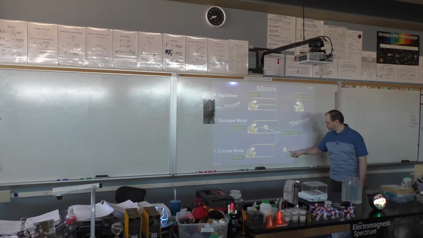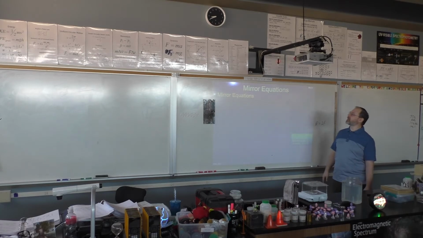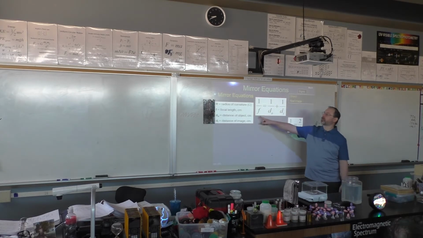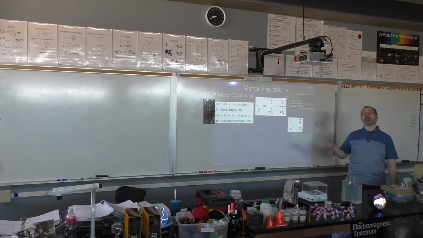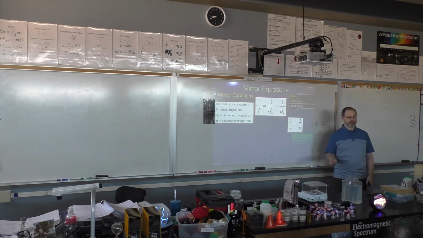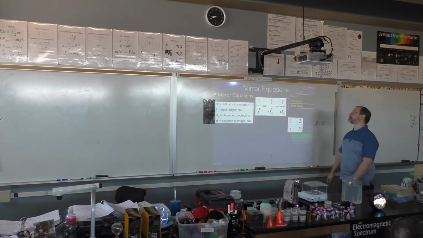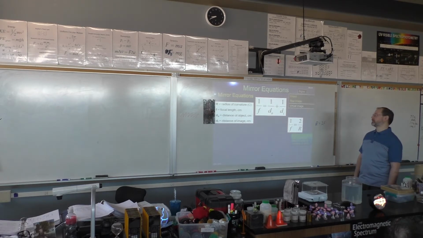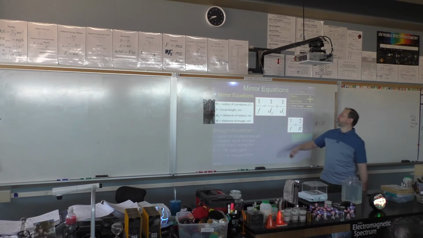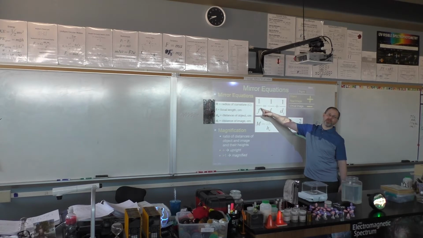So with a convex mirror, your F is going to be negative. With a concave mirror, your F is going to be positive. What about a flat mirror? Zero, because there's no focal point in a flat mirror. In other words, 1 over F would be 1 over 0, and you can't divide by 0. Anyways, 1/F equals 1/DO plus 1/DI.